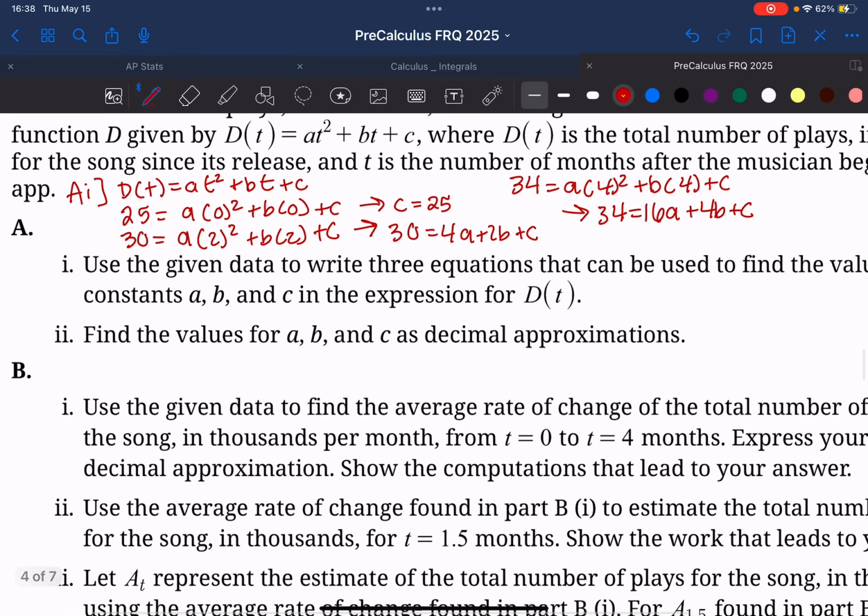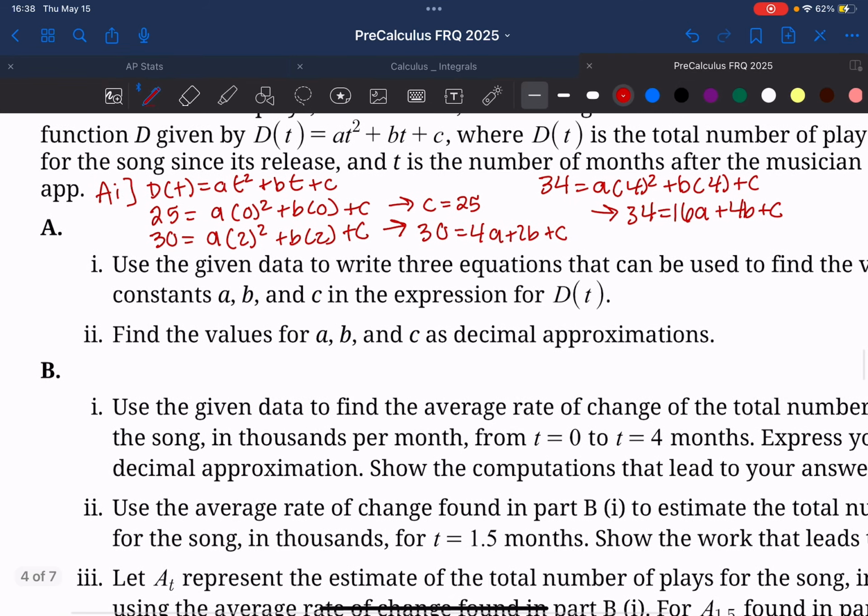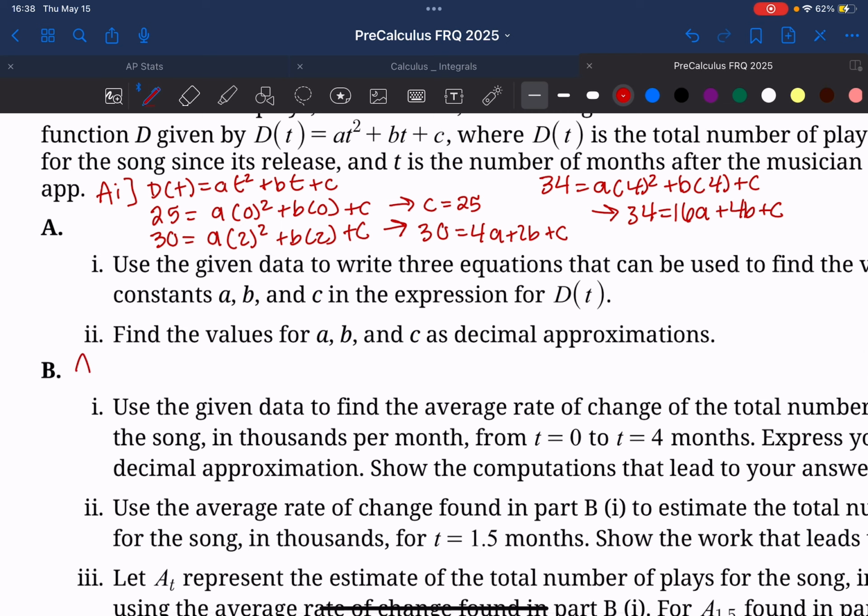Part 2 says find the values of a, b, and c as decimal approximations. Well, for A part 2, we already know that c is going to be 25. So if we plug in that value, we have 30 is equal to 4a plus 2b plus 25, and 34 is equal to 16a plus 4b plus 25.